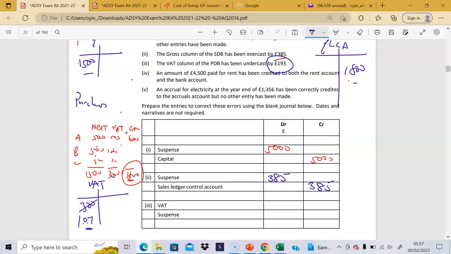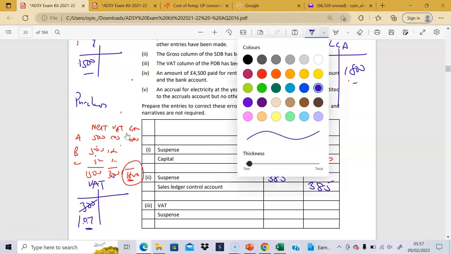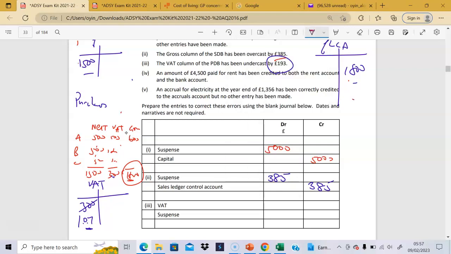So your job is to upgrade that by putting in the 193. So you put a journal 193, and then you'll credit the suspense account, right? So you then debit the VAT 193 and credit the suspense account 193. All right, and that's that one.